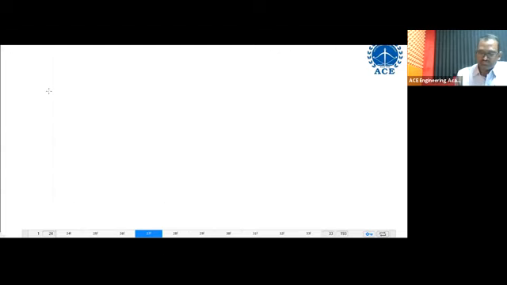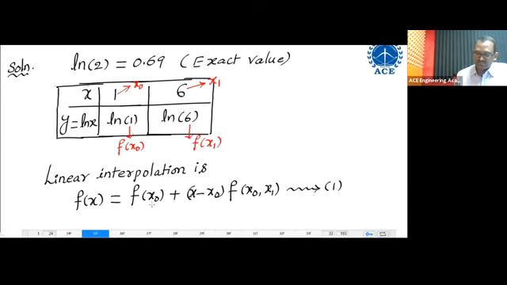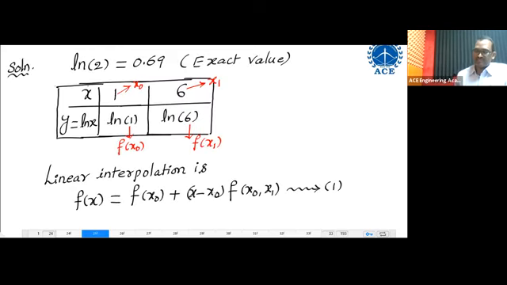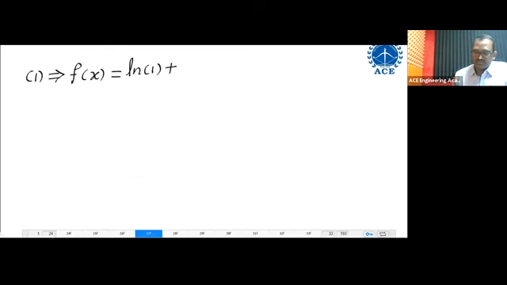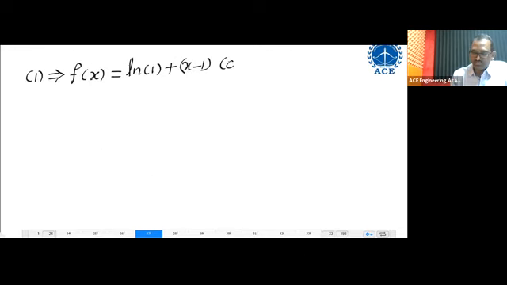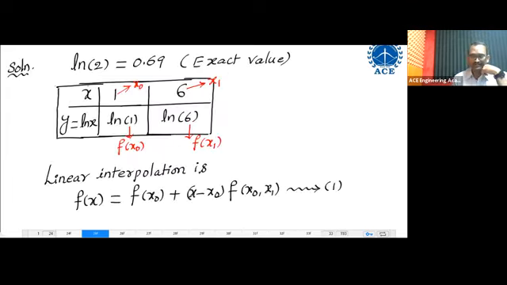Now take the linear interpolation. F of x is equal to f of x0, already given as ln 1, plus x minus x0, where x0 is 1, into f of x0 comma x1, which is 0.358. Here y means f of x, so f of x is ln x.